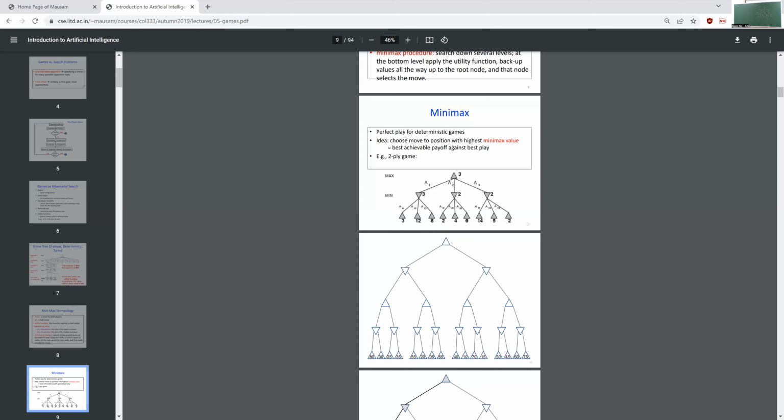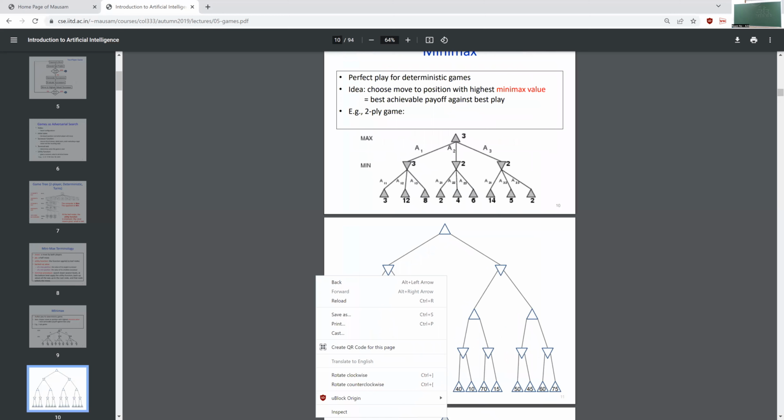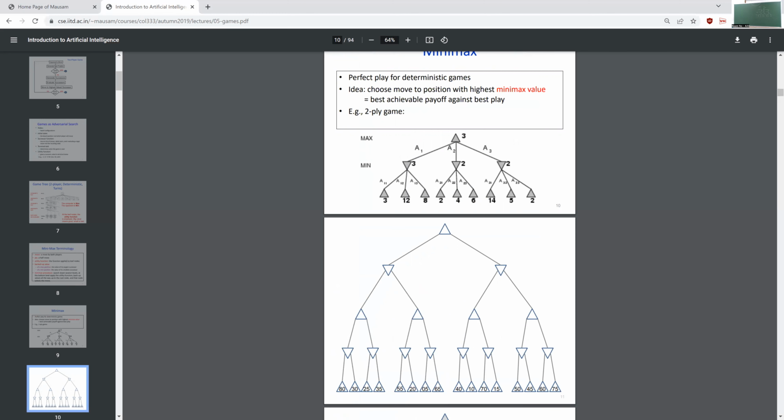Similarly, if it selects A13, the game terminates in 8, which is more than 3. The point here is that the minimax value of the root, 3, tells that the game when it terminates is going to have a utility which is at least 3, and it will be exactly equal to 3 if your opponent plays optimally from that point onwards. All right, makes sense?